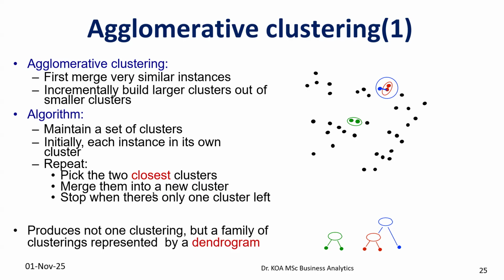You are maintaining a set of sets. First, each data point is maintained in its own cluster, and then you repeat: pick the two closest clusters, merge them into a new cluster, and continue until there's only one cluster left in the end.